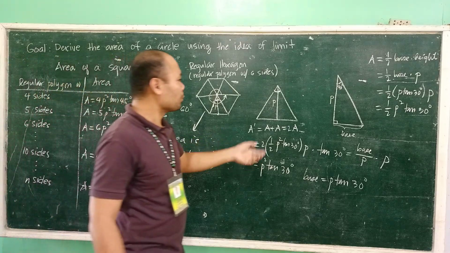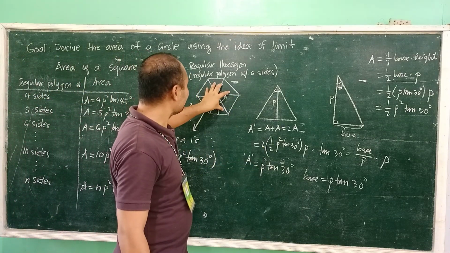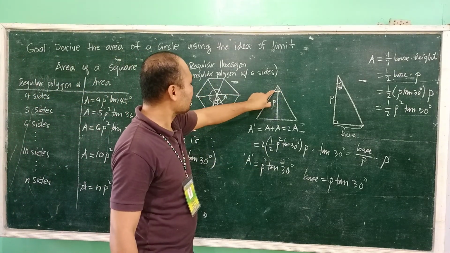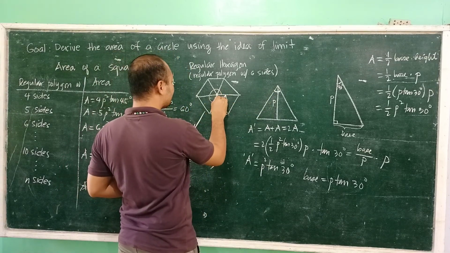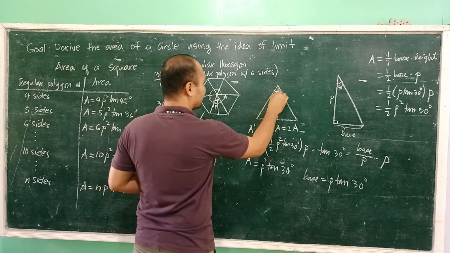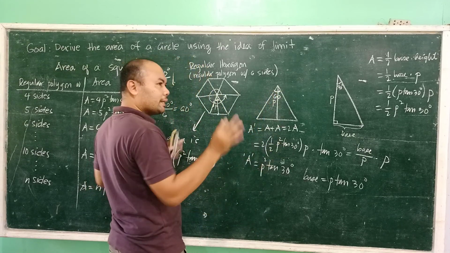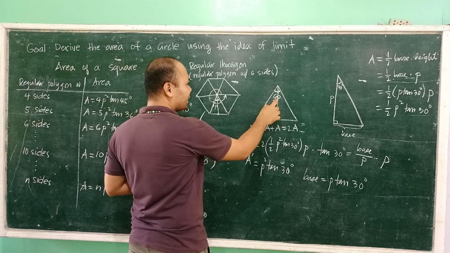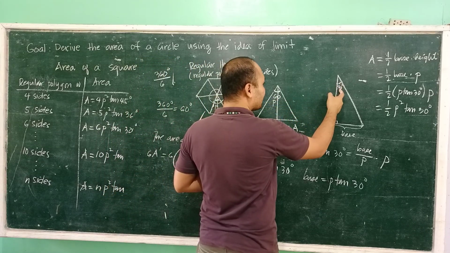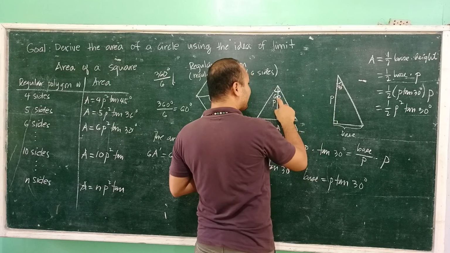Why did we divide by 2? After you divide 360 here, the answer is this angle. So, 360 divided by 6, the answer is 60. Then, after you have obtained 60, to get this angle here, which we use for tangent, simply divide it by 2.